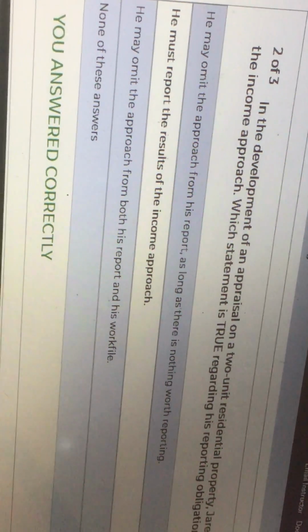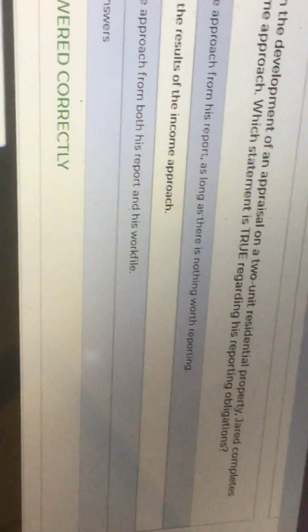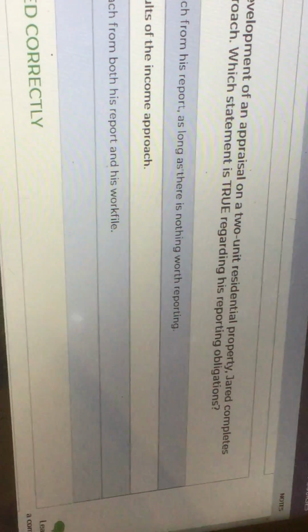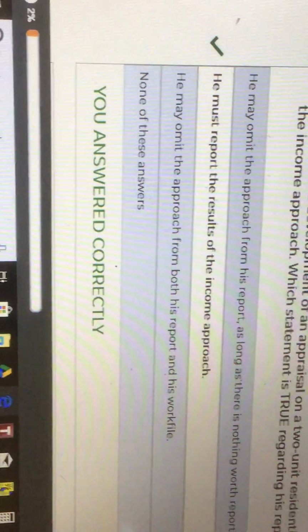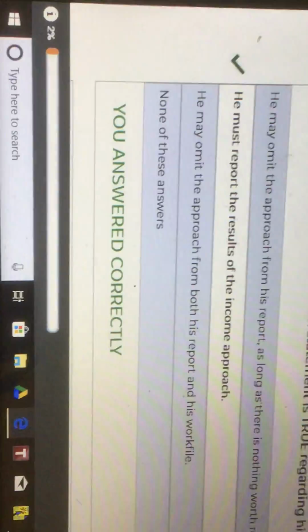In the development of an appraisal on a 2-unit residential property, Jared completes the income approach. Which statement is true regarding his reporting obligations? You put, he must report the results of the income approach. You answered correctly.